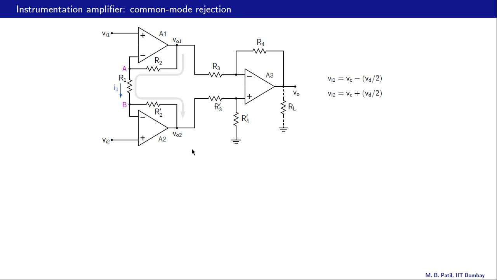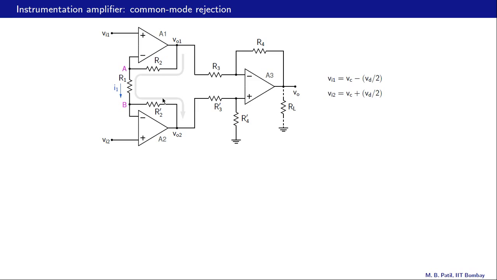When we look at the common mode rejection performance of the instrumentation amplifier, we will assume that the op-amps themselves are perfect. That means they have very high CMRR, infinity. So the finite CMRR of the instrumentation amplifier as a whole will arise only because of resistance mismatch.